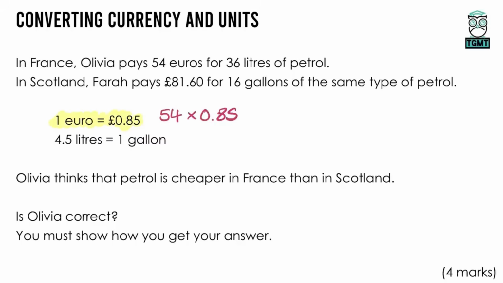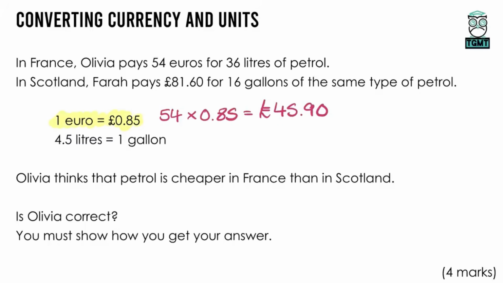That gives us that smaller number, which we'll see now. And we get £49, £45 and 90 pence. So that is the cost of the 36 litres. Now, it doesn't really matter whether we make a comparison in litres or in gallons, but I can straight away find a value now for this petrol.